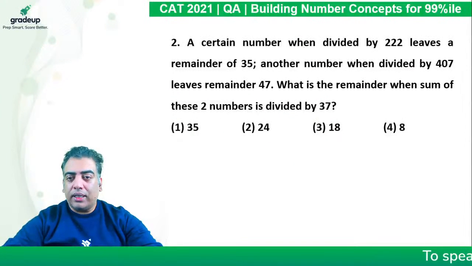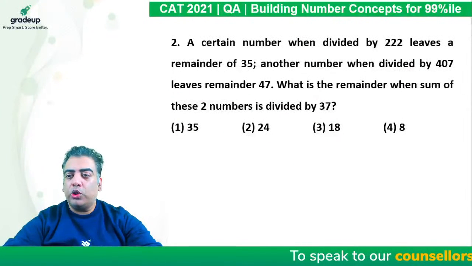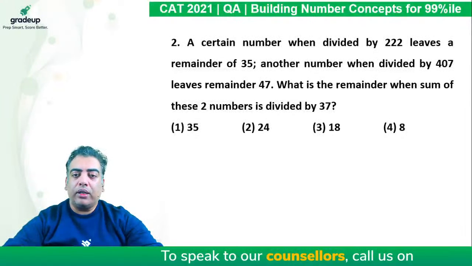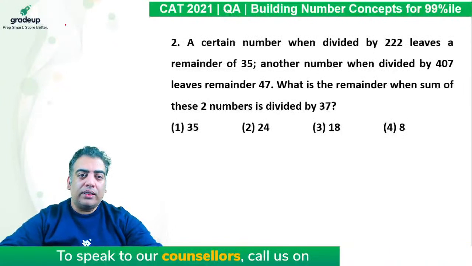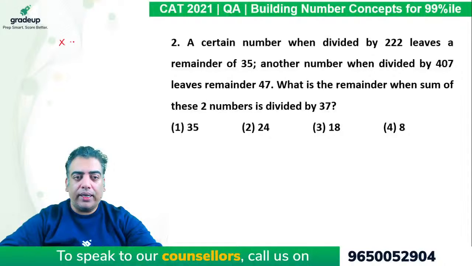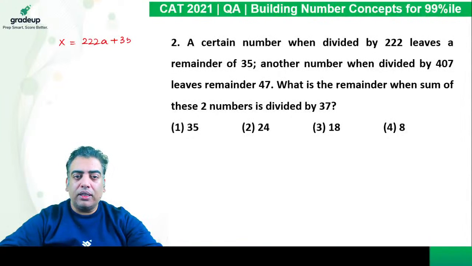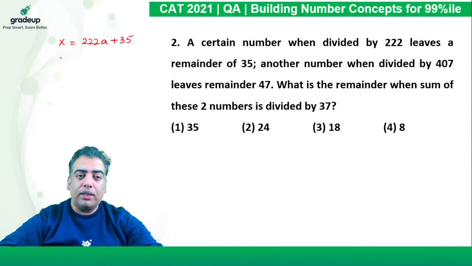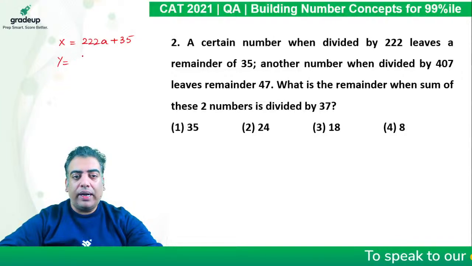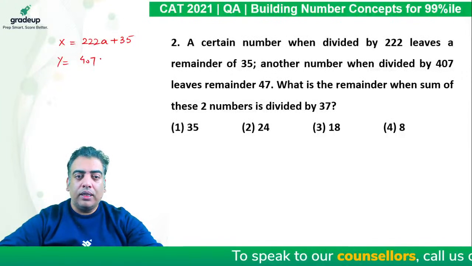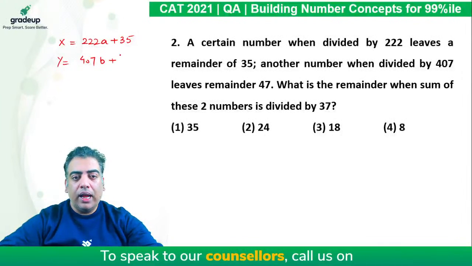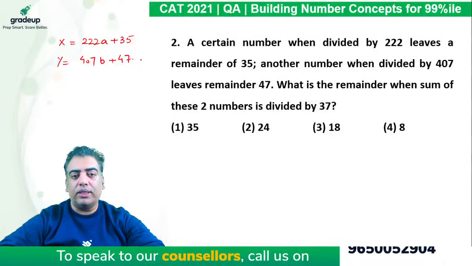Here he says a certain number when divided by triple two leaves a remainder of 35. So let's say there is a number x which when divided by triple two, there will be some quotient. I am writing it as a and remainder is 35. Another number, let it be y, when divided by 407, there must be some quotient b and it leaves a remainder of 47.